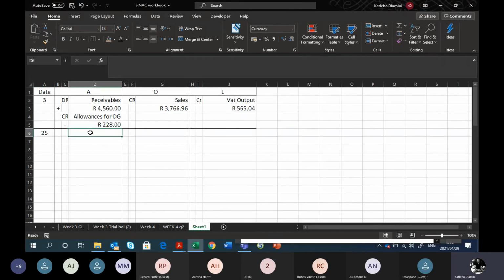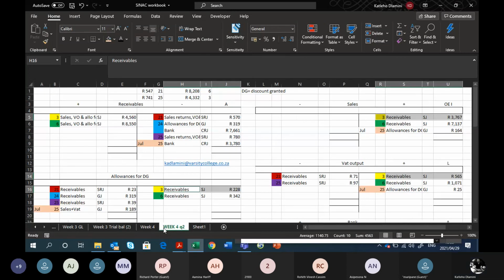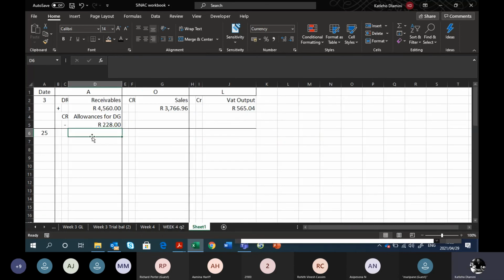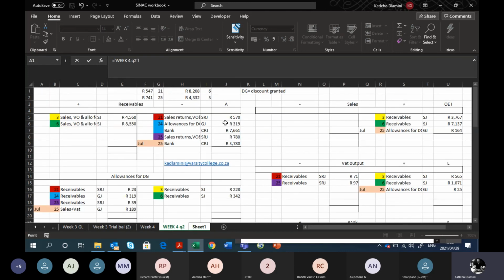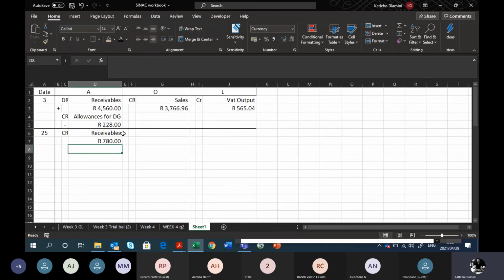Okay, so the overcharge. So what is the overcharge? Was this one here, the purple one. Okay, so receivables is then credited here. So I'm just gonna grab this and credited. Receivables is credited with the amount of 780, which I'm gonna get from here. That is a negative effect.